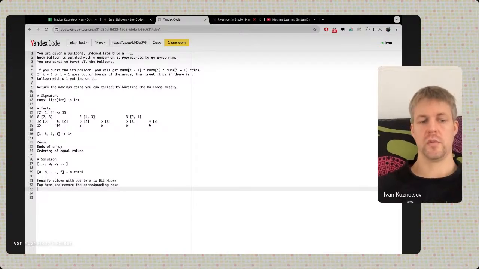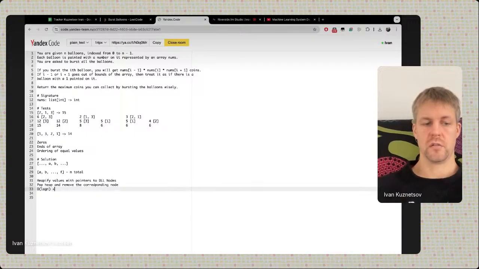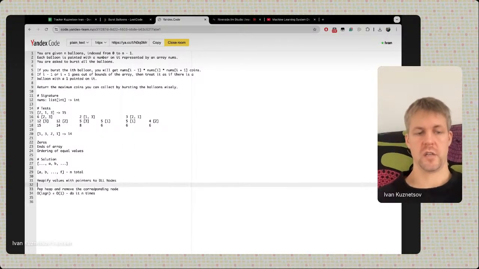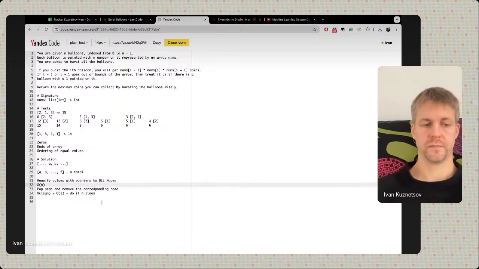Once we do that, we just continue doing that until we remove everything from the heap. Popping from the heap is O of log n, and removing the corresponding node is O of 1, and we do it n times, once for each node, and heapifying is basically O of n.